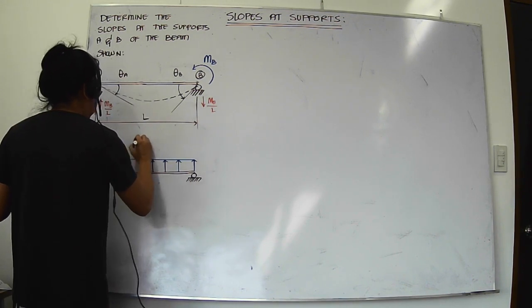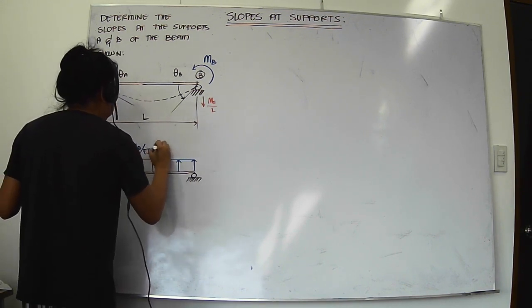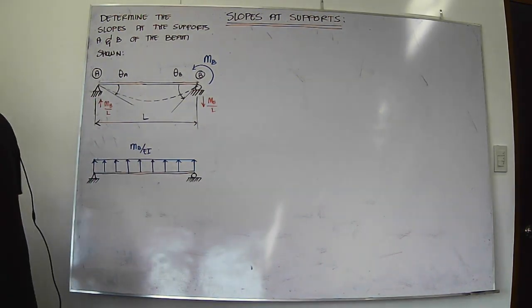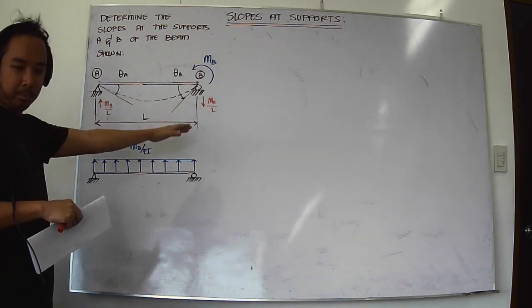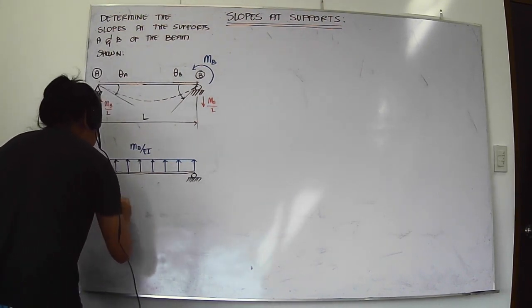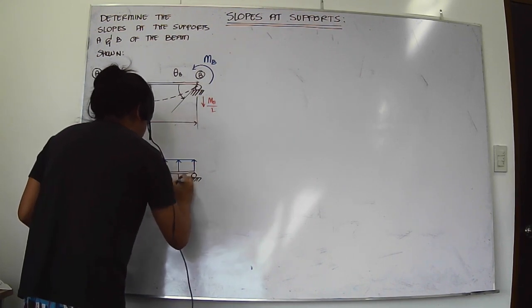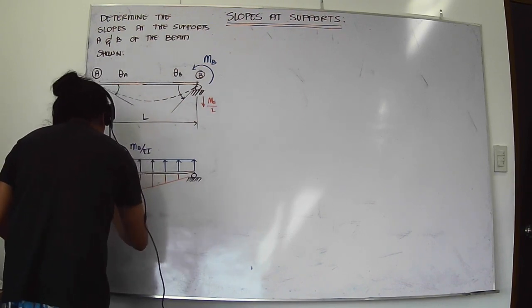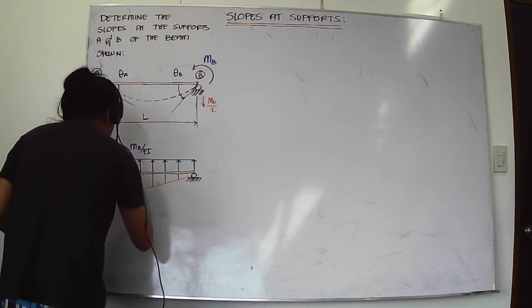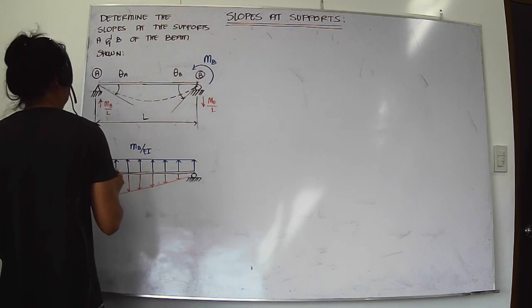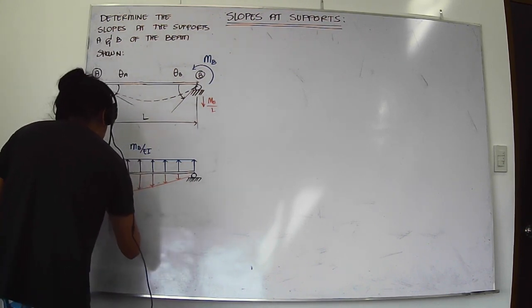This is MB over EI. Okay? Now, if we look at this one, negative MBL, it is going down. So this is the triangular load. This is MB over EI, okay?